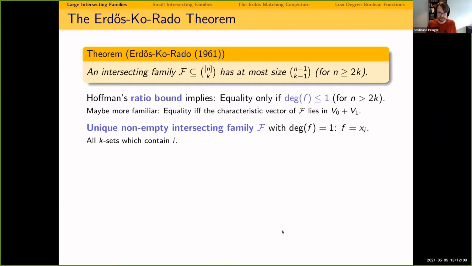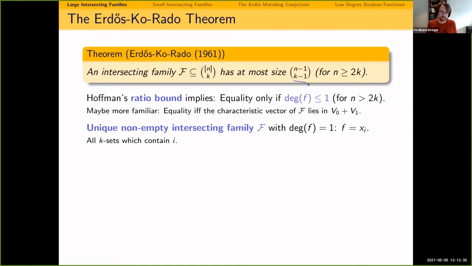So we know the Erdős-Ko-Rado theorem from Karen's talk. An intersecting family has size at most n-1 choose k-1. And we can show this using the ratio bound, which is also called Hoffman's bound or the Hoffman-Delsarte bound, or sometimes attributed to Lovász.